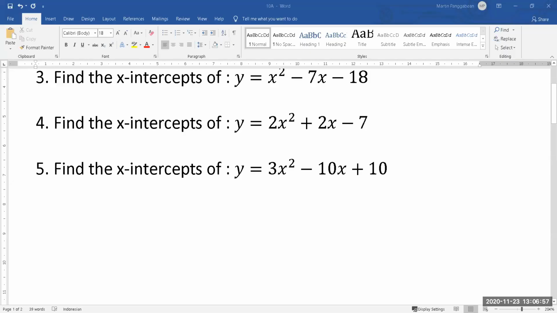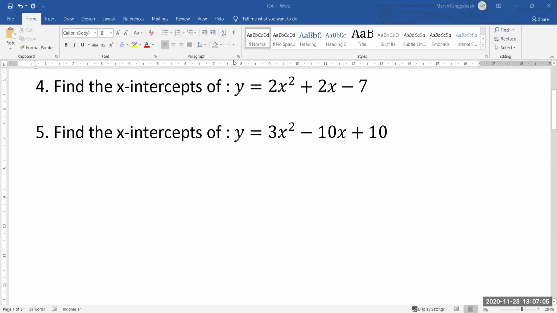And then for now, since only this class hasn't finished the Friday's material, let's continue first with the Friday's material. I hope some of you still have the notes from the previous one, since we will go further to discuss x-intercepts.